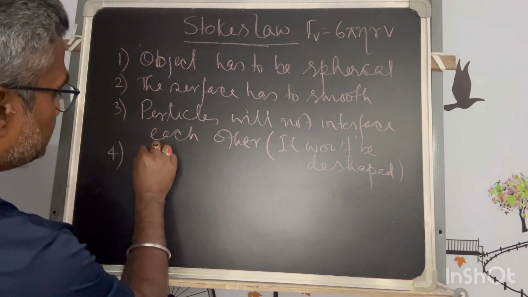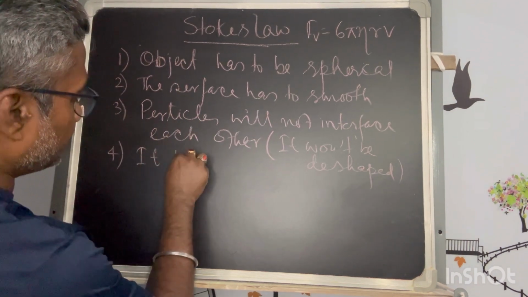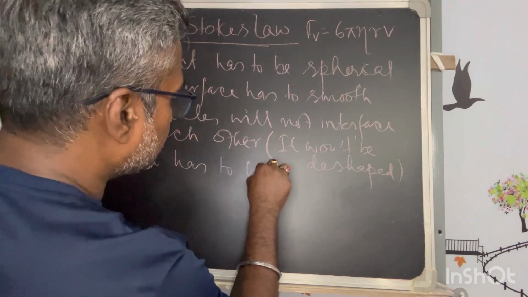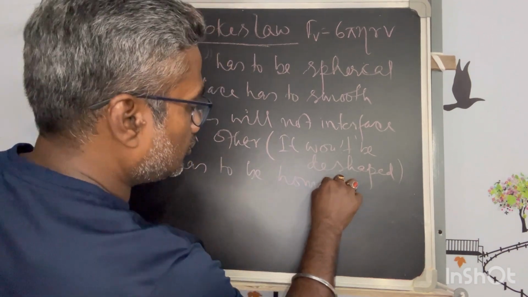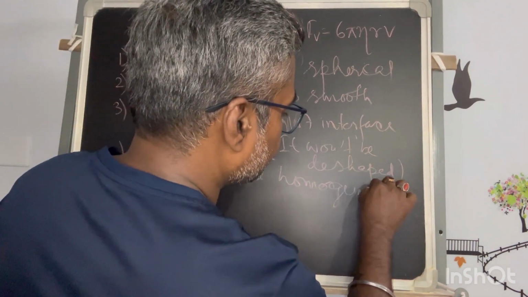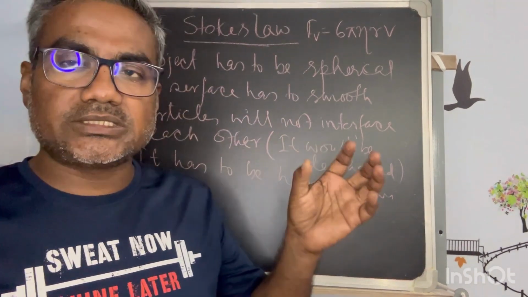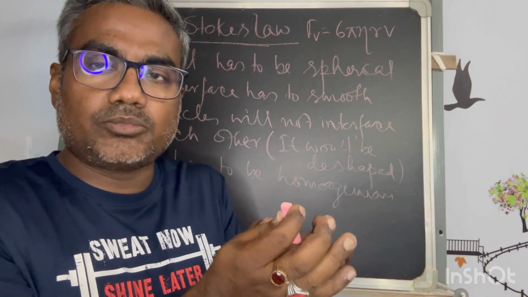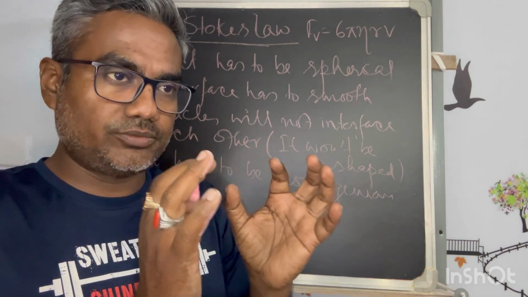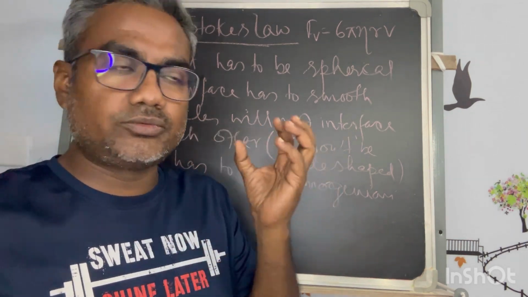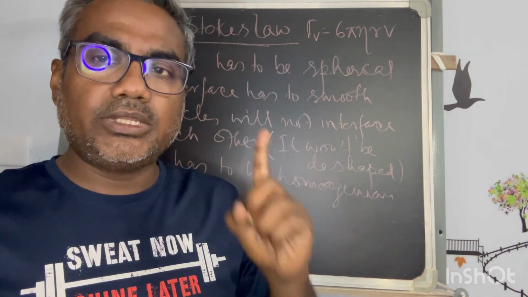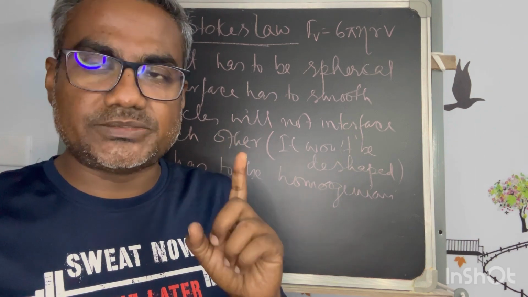it has to be homogeneous, because I cannot think of a mass concentration in different places in that body and different locations. That has to be very much uniform, because we are taking a unique density for the object.